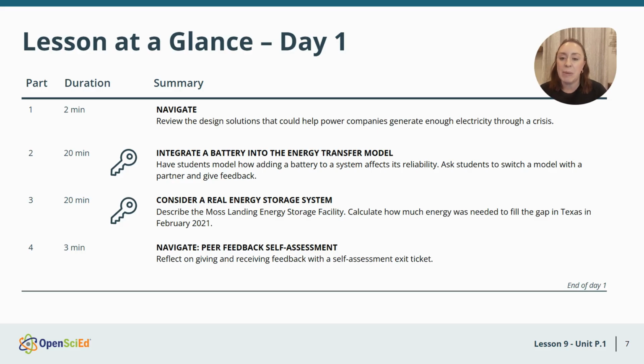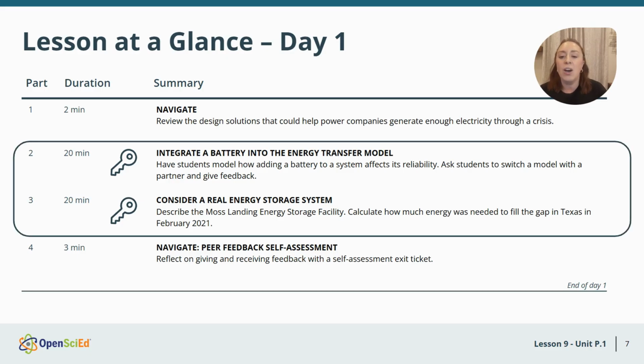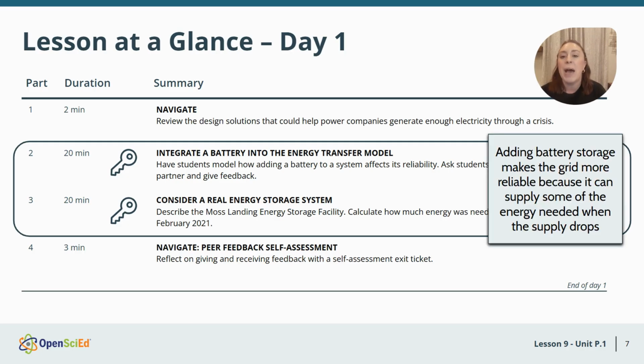In the first key sense-making opportunity for students here in day 1, we are trying to figure out how a battery would actually improve the reliability of an electrical grid system. Again, this was one of the potential solutions that we heard in the podcast with an energy expert back in lesson 8.